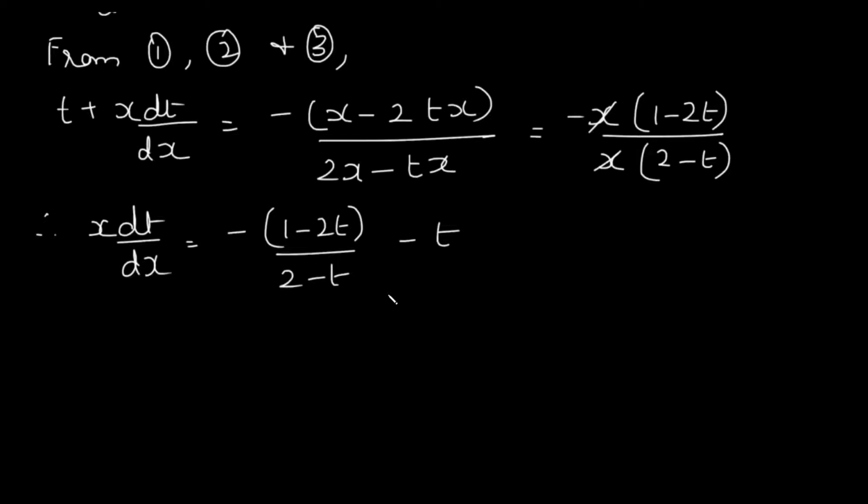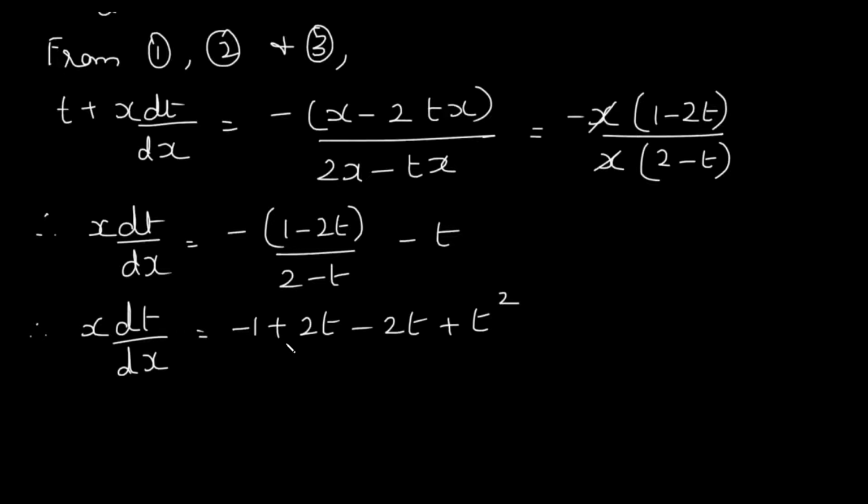Then we just cross multiply and equalize the denominator. So we get x dt upon dx is equal to, now let us open the bracket over here. So minus 1 minus into minus plus twice of t, and when we cross multiply, 2 into minus t becomes minus twice of t, and minus t into minus t is plus t square, upon the common denominator over here.